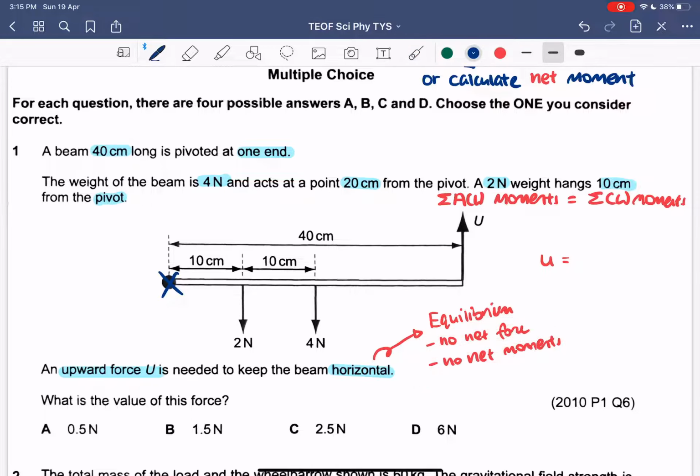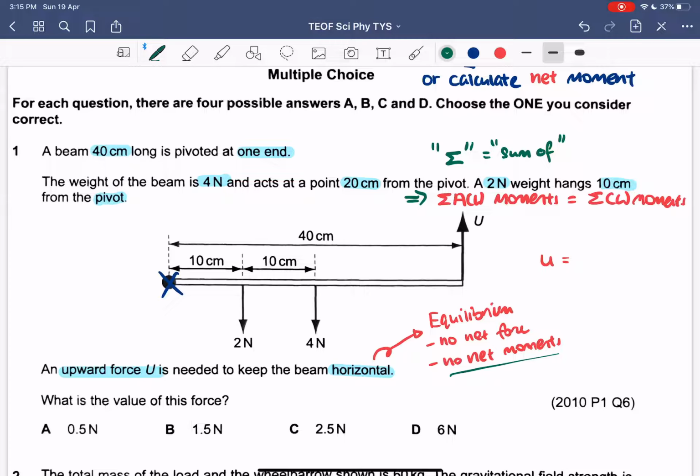Now, since there are no net moments, the sum of anti-clockwise moments equals the sum of clockwise moments. Let me highlight this symbol to you. This means sum of. You can treat it like an inverted E. It is universally recognized, so you can use it as well.